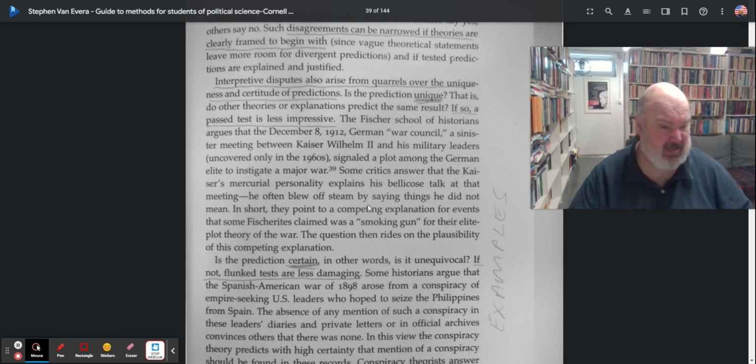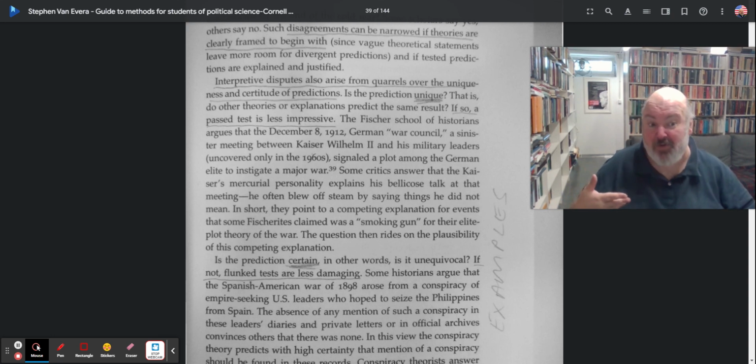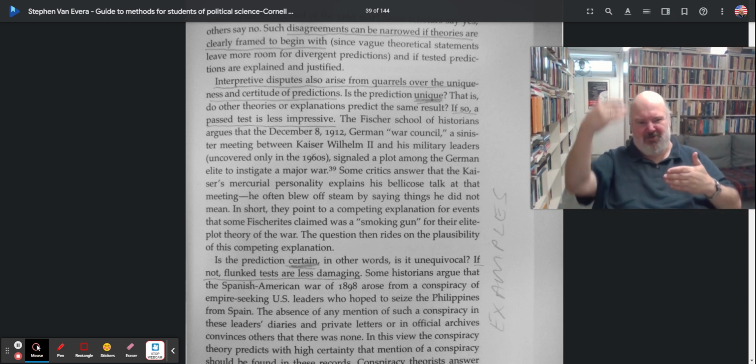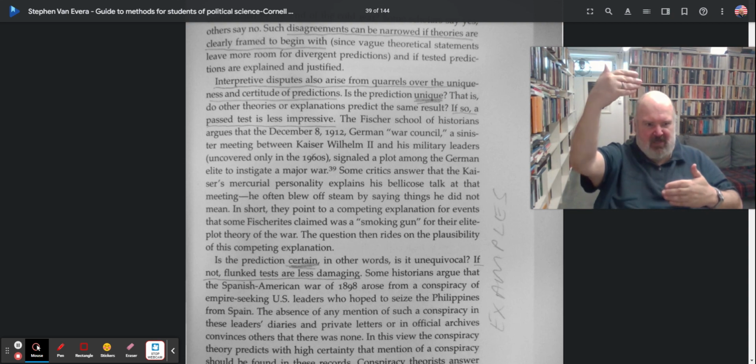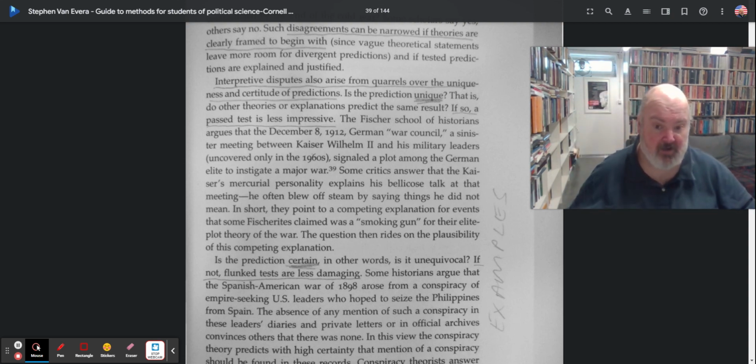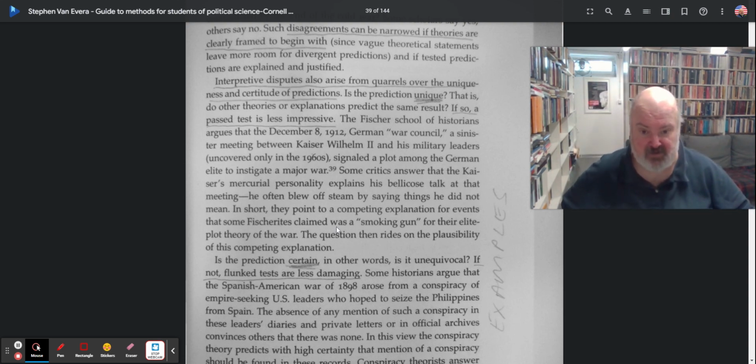This is very much typical of Kaiser William. So this is not unique, and therefore this blows off the question. It becomes a straw in the wind at this point. In other words, you now have low certitude. It's not highly unique, and therefore what was a smoking gun now becomes a straw in the wind because there's a competing theory about this, right?